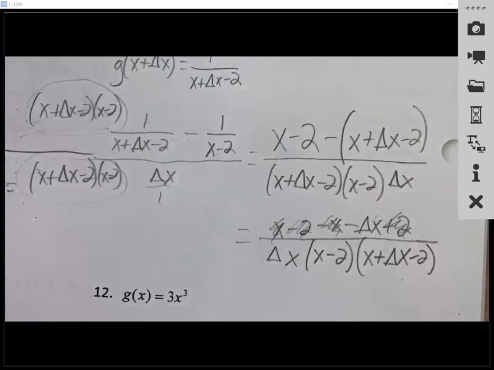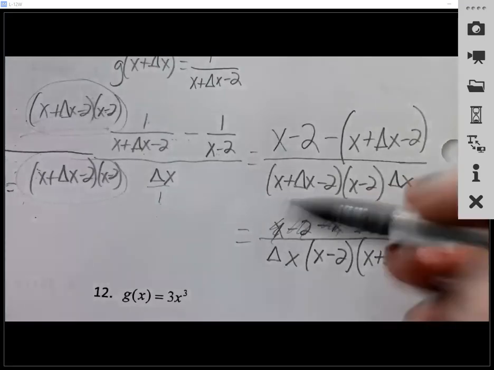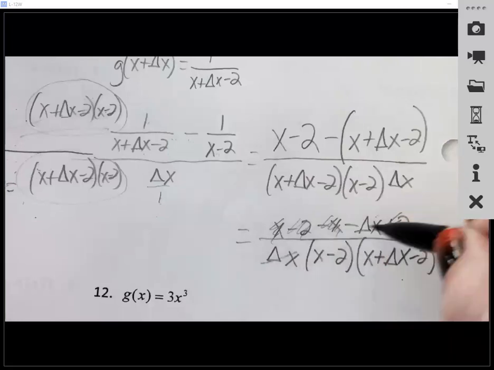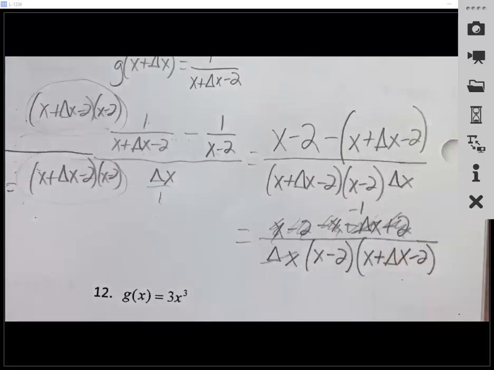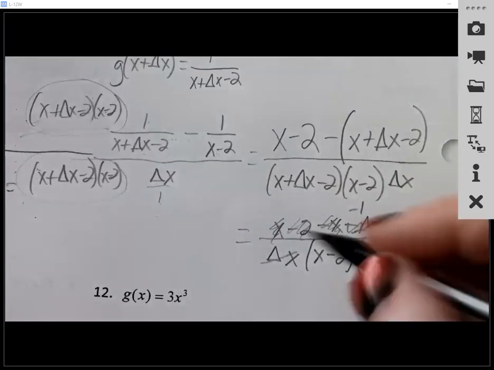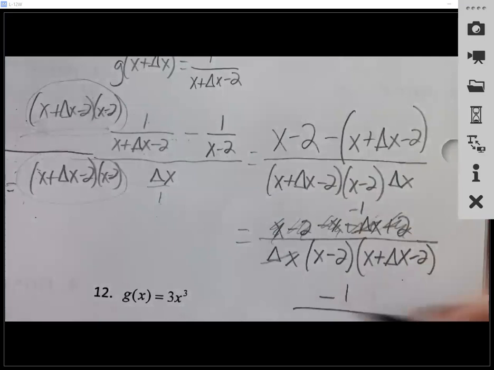It's like math or magic. So those two reduce with each other, but leave behind the negative 1. And that's pretty much as far as I can go. You could multiply out the denominator if you wanted, but you don't have to. So my final answer would just be negative 1 over x minus 2, x plus delta x minus 2.